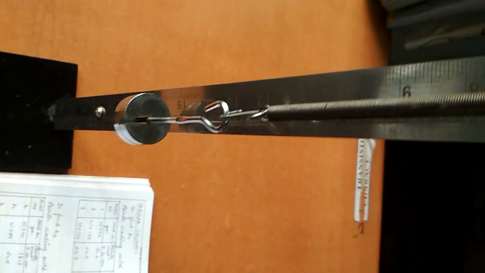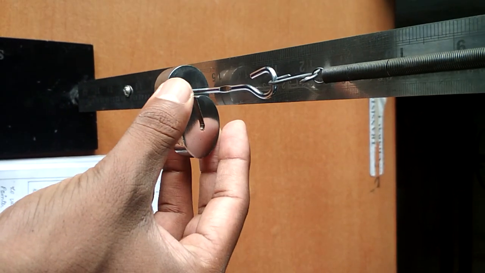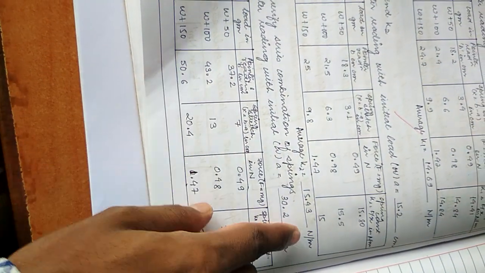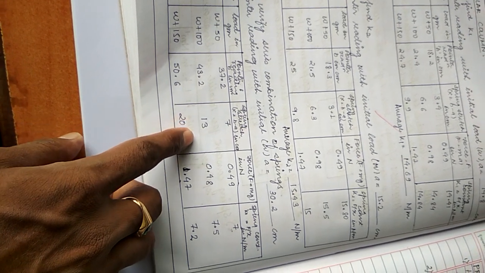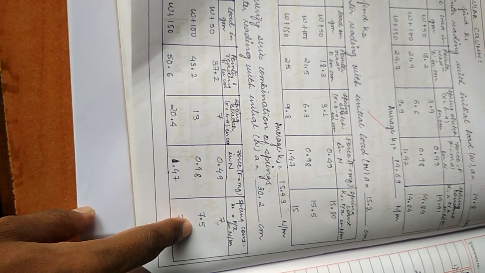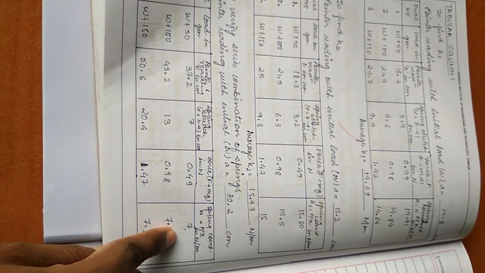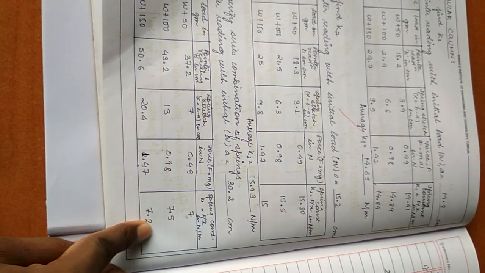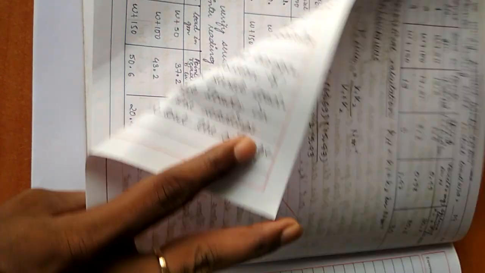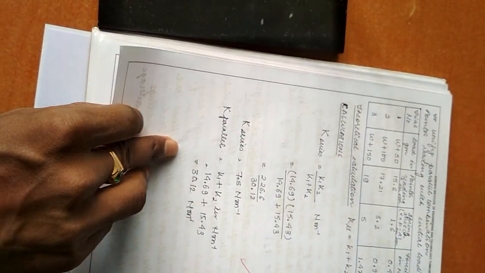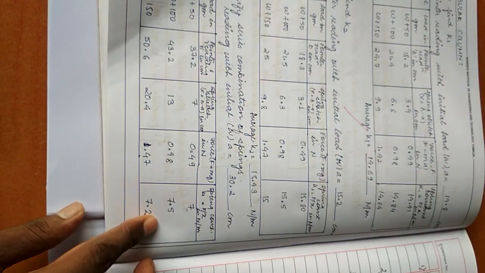Similarly, one more coin you can add and note down the pointer reading, that is B. B minus A. Once again, how much spring stretch do we get? By using that, you can calculate the spring constant. Finally, average these three: 7 plus 7.5 plus 7.2 divided by 3, we will get around 7.3.